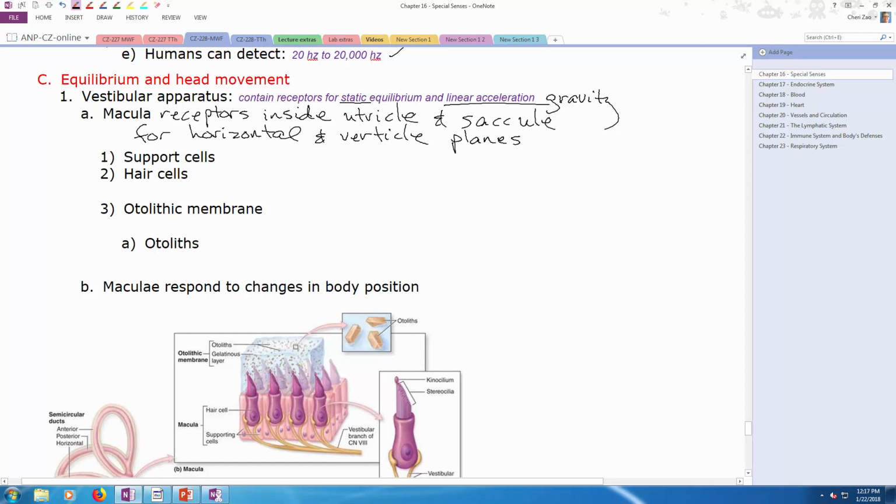The macula are made up of three different components. We have support cells, which are there to help maintain the health and integrity of our hair cells. And our hair cells have this stuff called stereocilia, which sometimes is referred to as microvilli, plus one kinocilium.